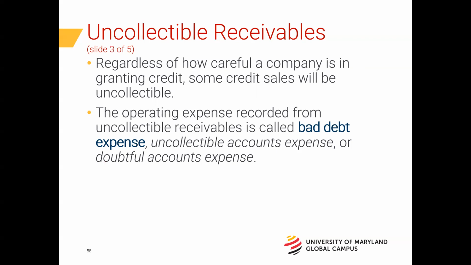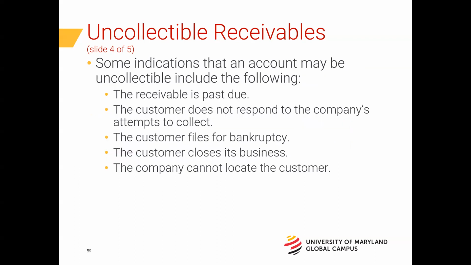So we're shifting it from a current asset to an expense. We're reducing the current asset, and we're increasing our expense. The reason companies might opt to do that is because the company can write off the bad debt expense in their taxes.